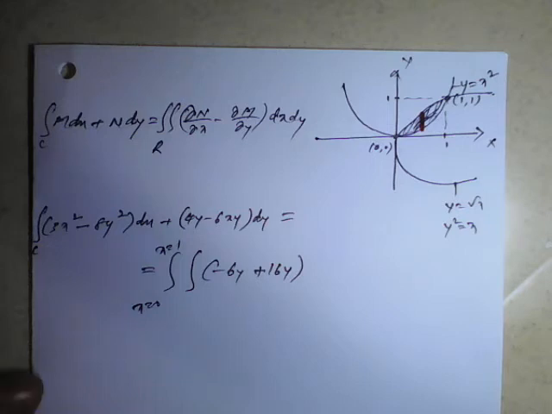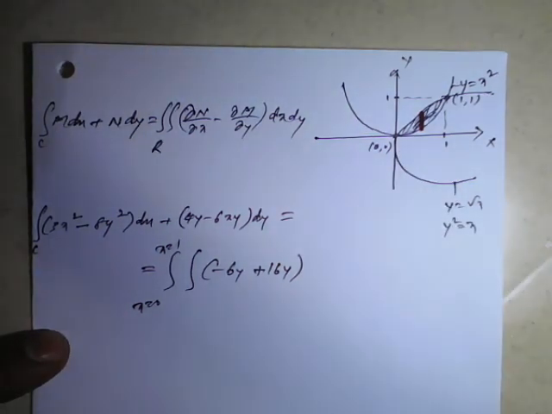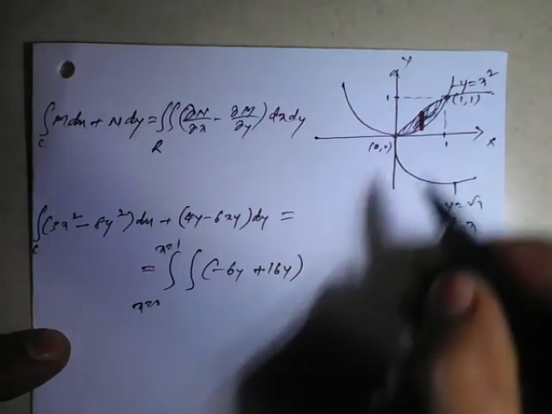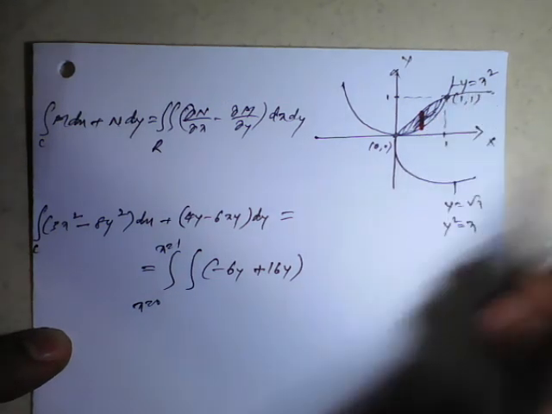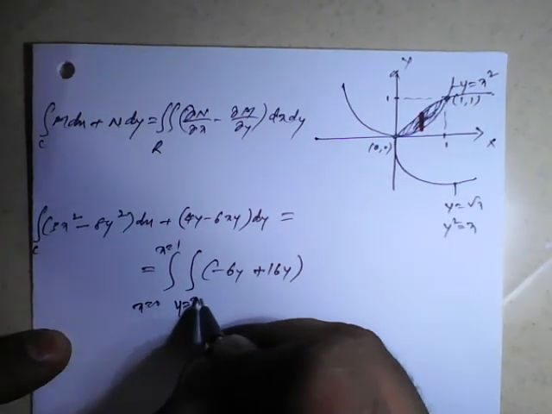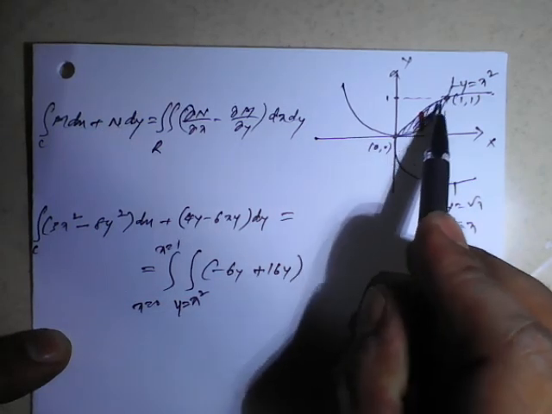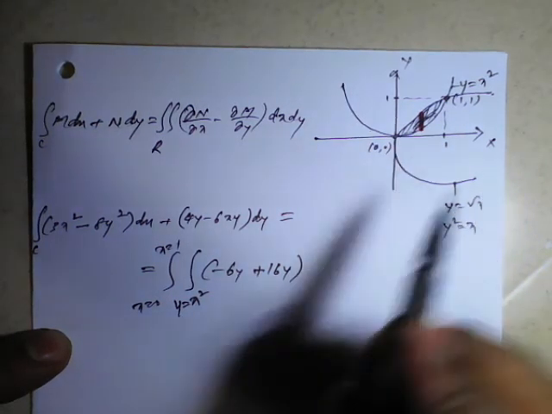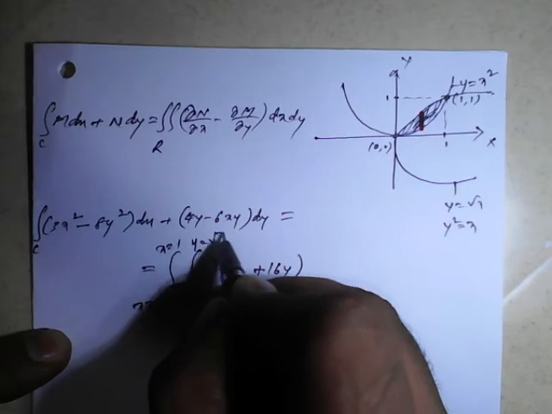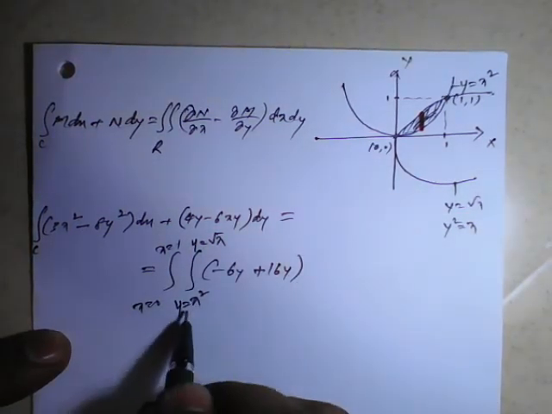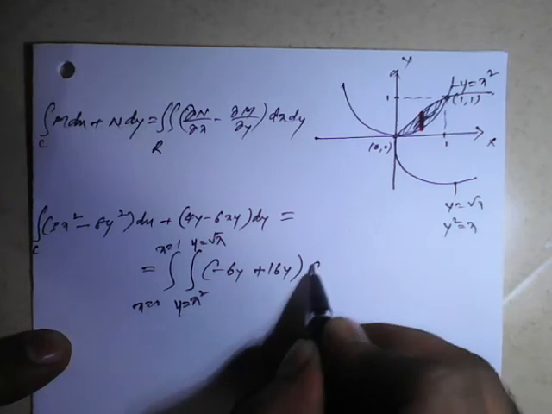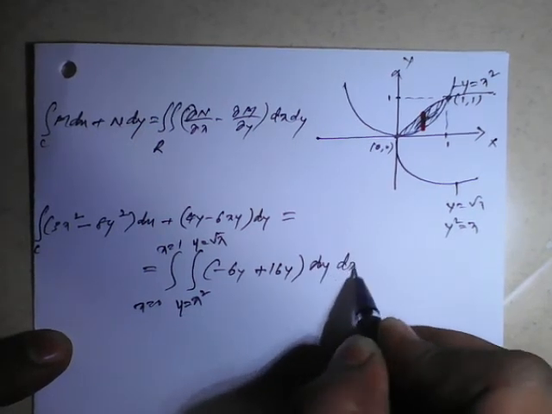So the lower part, you just see in terms of y, is touching the curve y is equal to x square, and the upper part is touching the curve y is equal to root x. So like that we need to simplify. So we are going to integrate first with respect to y, then with respect to x.